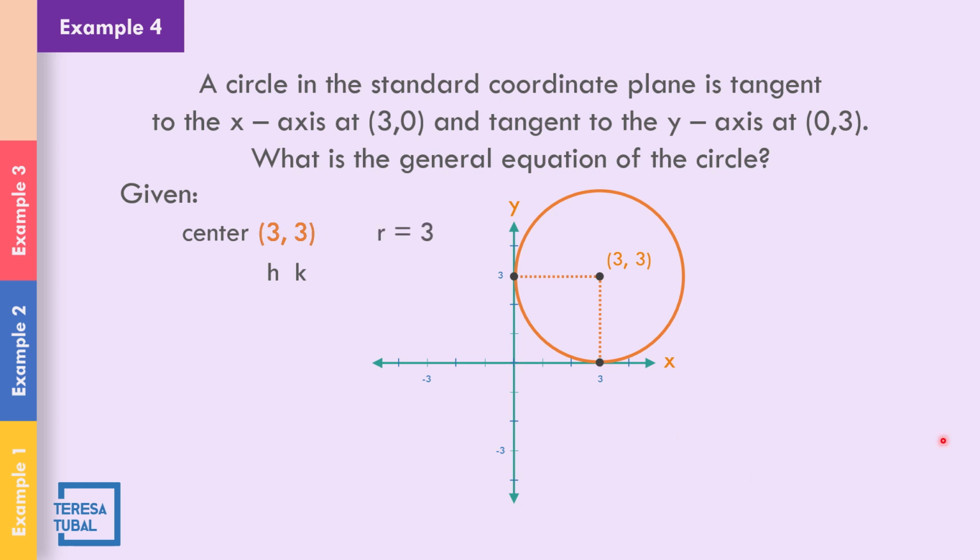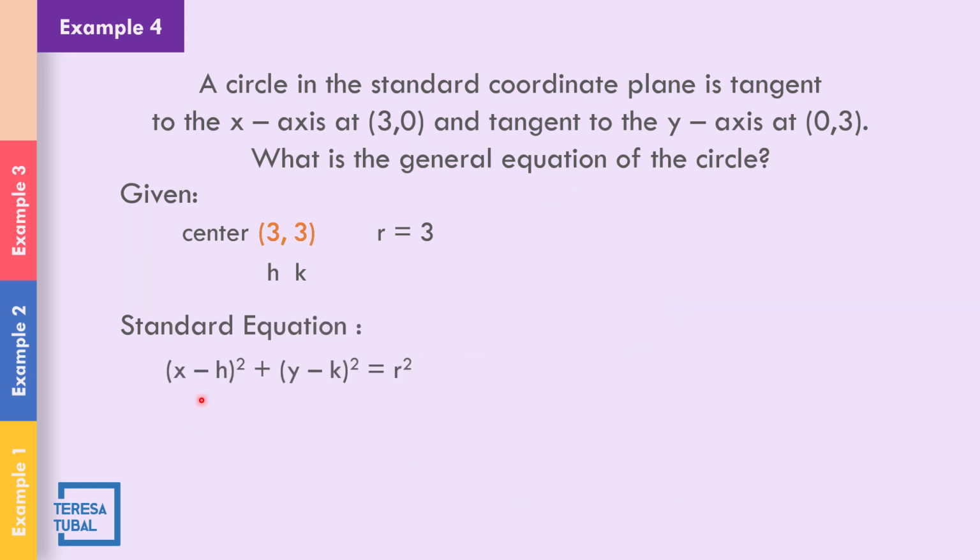So let us identify now the standard equation of the circle. This is case 2 because the center (3, 3) is not on the origin. The formula is the quantity x minus h squared plus the quantity y minus k squared is equal to r squared. Let us replace h and k in the given formula. So that becomes the quantity x minus 3 squared plus the quantity y minus 3 squared is equal to r squared.